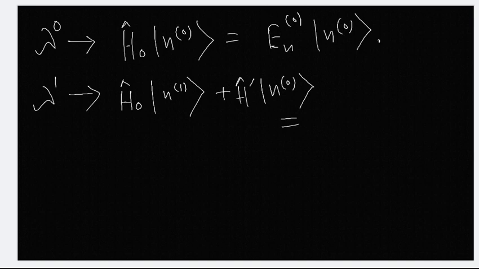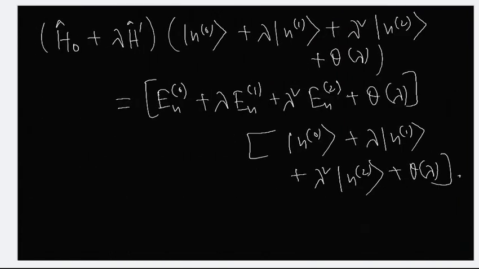From the left hand side, only two terms are there: H naught over that term, and another term comes from this one, H prime of n naught. And in the right hand side, you have E n naught over n1.